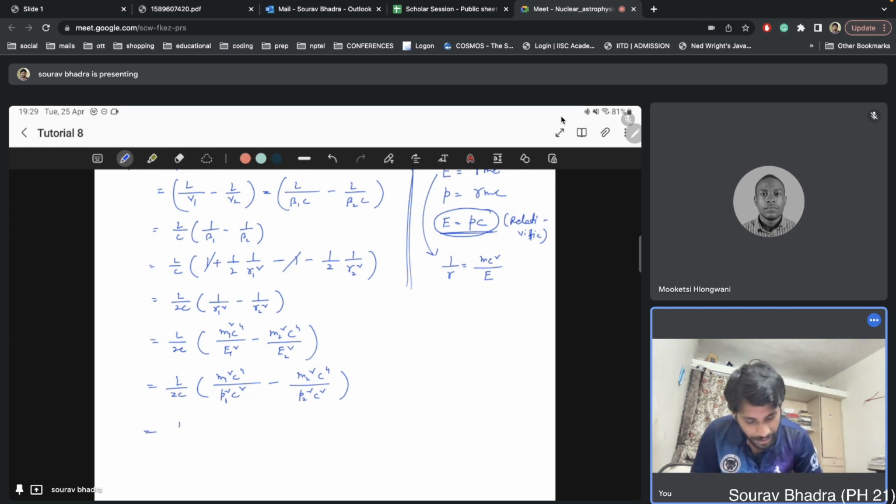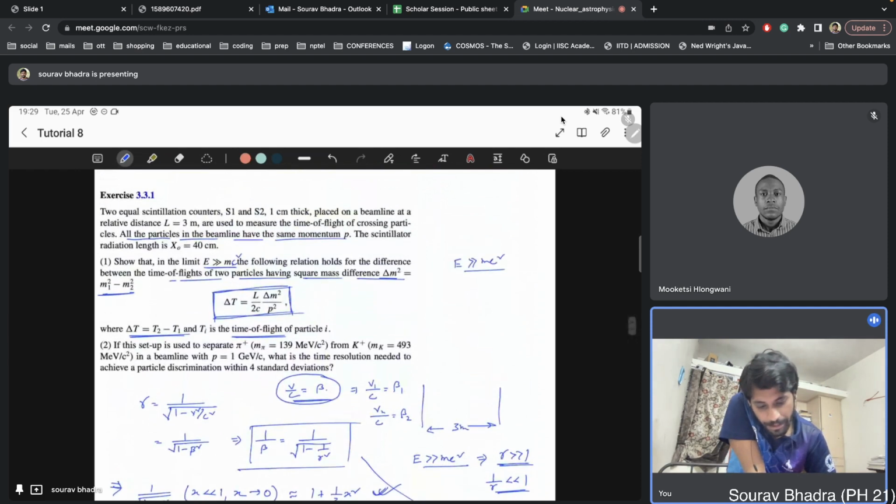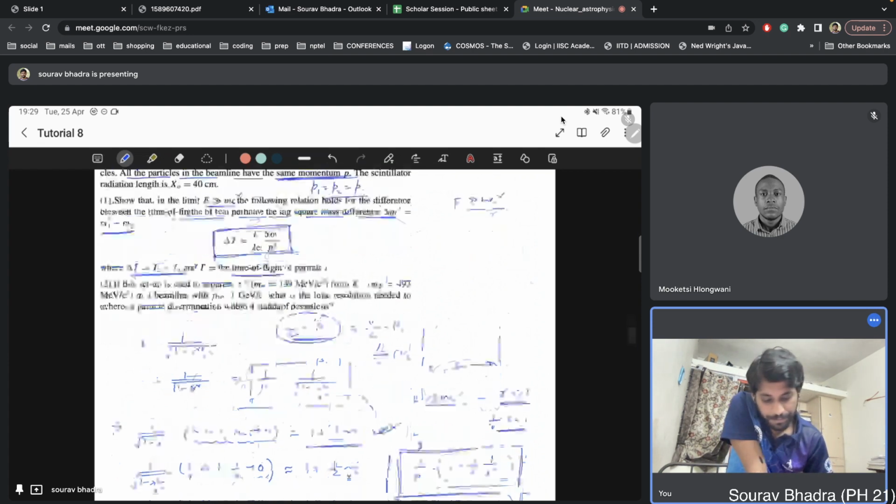So that means L by 2c, m1 c square by p1 square minus m2 c square by p2 square, where p1 and p2 are the momenta of those particles, and in the problem it has been given that they have the same momentum p. That means p1 is equal to p2 is equal to p. It is given in the problem.